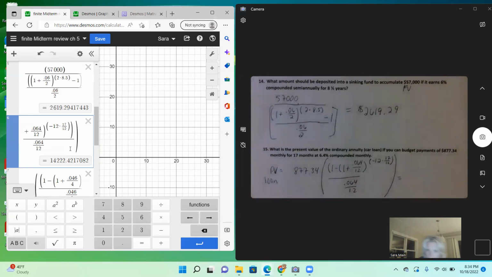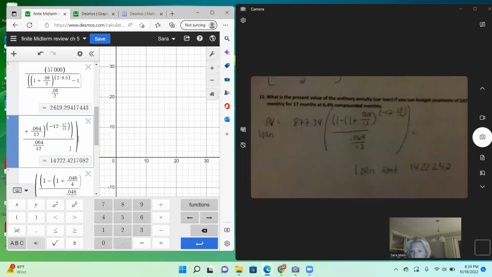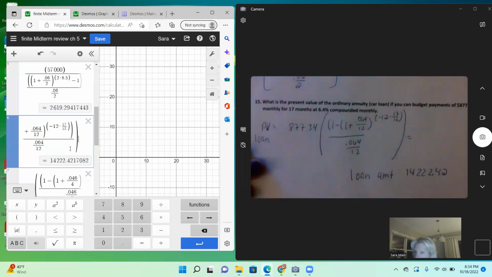And that's what it's totally worth. That's what you'd be paying after all of your payments. So that's how they figure out your payments. Your loan amount would be $14,222.42.